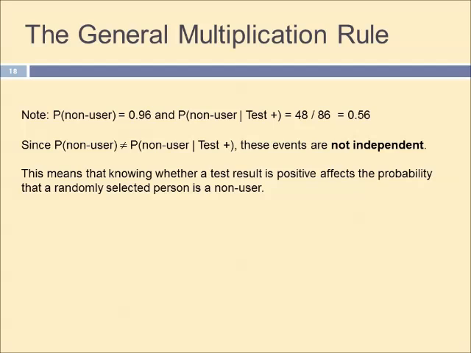And the probability someone is a non-user given that he or she tests positive was 0.56. Since these two probabilities are not equal, these events are not independent. So one event influences the probability of the other event. So this means that knowing whether a test result is positive affects the probability that a randomly selected person is a non-user.